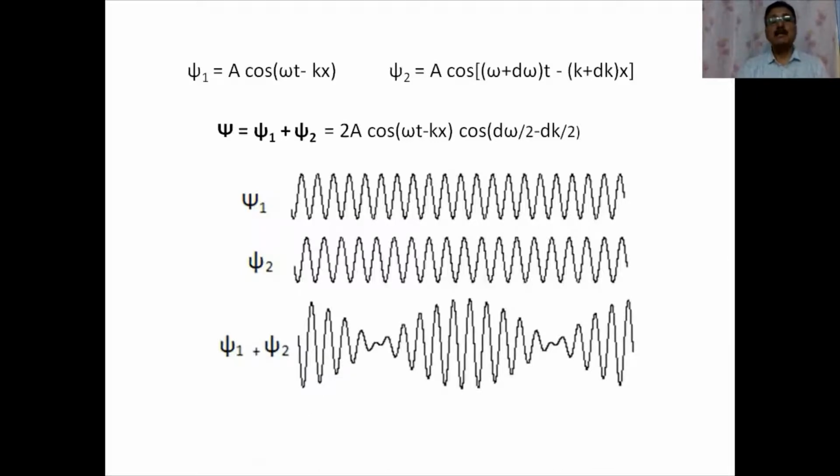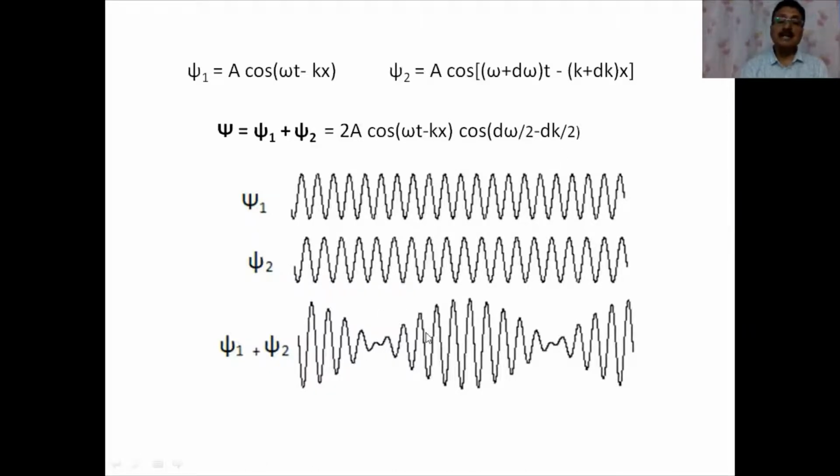Now, mind it, you can see from here that this cos omega t minus kx has almost the same frequency as these two, or the average of the two. And the amplitude of the resultant is twice a cos d omega by 2 t minus dk by 2 x. So this figure, the envelope of this particular wave group, has a frequency d omega by 2, and has the propagation constant dk by 2.